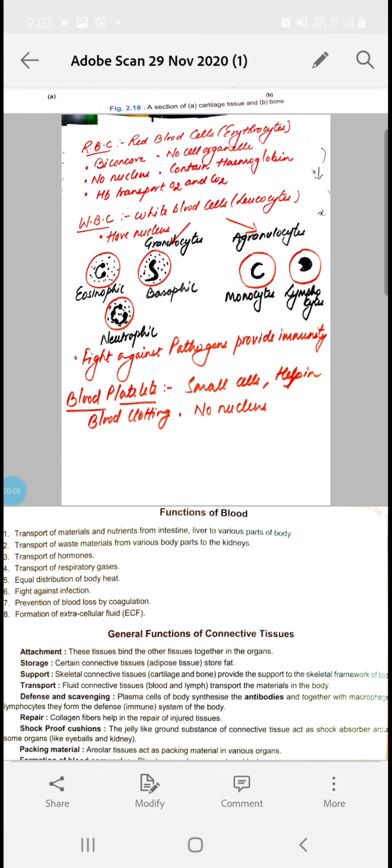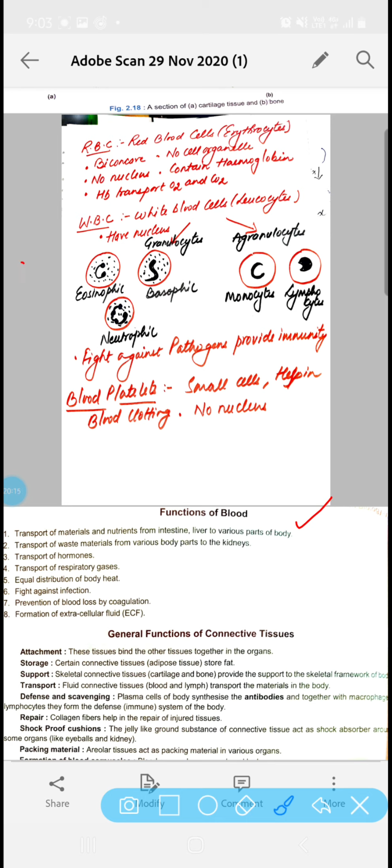Now, the functions of the blood include, as we have already discussed, that they help in the exchange of nutrients. Blood is the medium. You have also read in the digestive system that whatever ions circulate throughout the body, that is via the blood. The transport of waste material is again done by the blood.